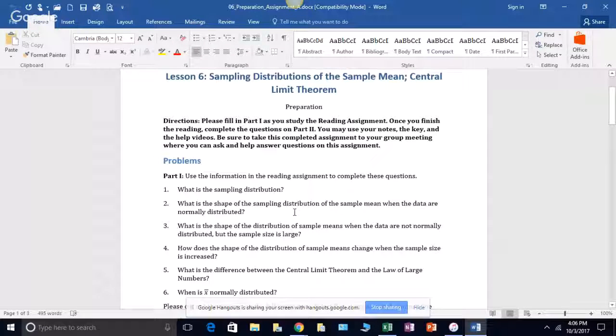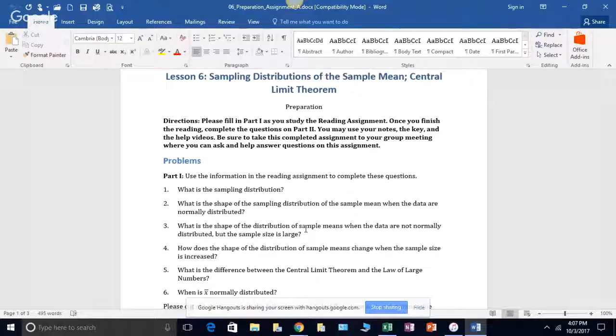Normal, from the reading and the videos. I think they make it confusing because at first I thought they wanted the actual shape of it, but they're talking about what the shape could be, or what the shape means.